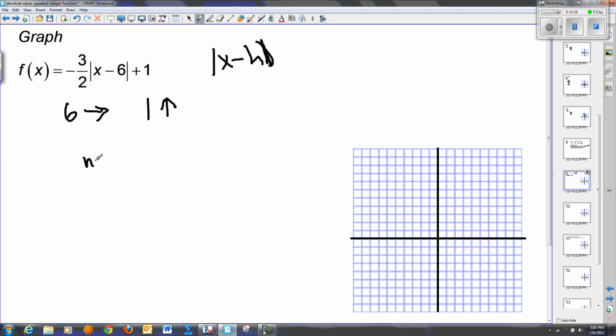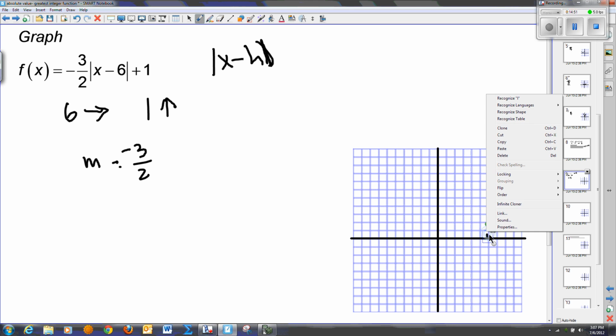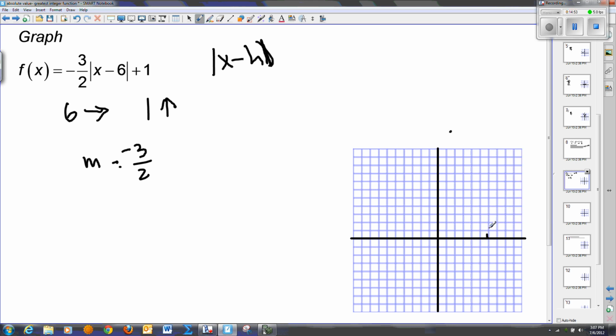And I'm going to have a slope of negative 3 halves. So, doing all this, I move over 1, 2, 3, 4, 5, 6, and I go up 1, and I say right here, at the point 6, 1 is going to be my vertex of the graph.